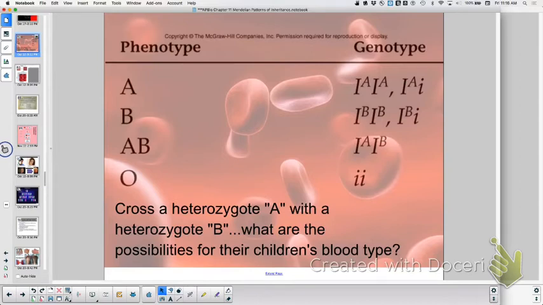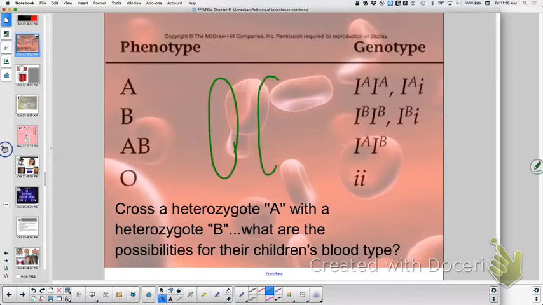When a gene has many allelic forms or alternative expressions. So if I am looking at a homologous pair, I am still diploid right here, okay? But now at this one spot, instead of just having big I and little i, I have big I A, big I B, and little i.